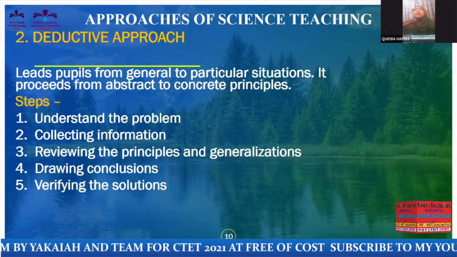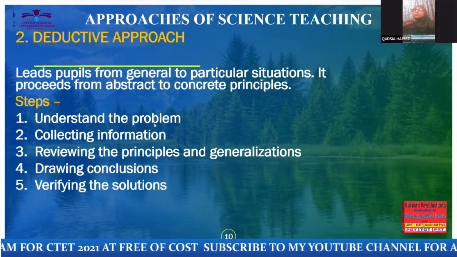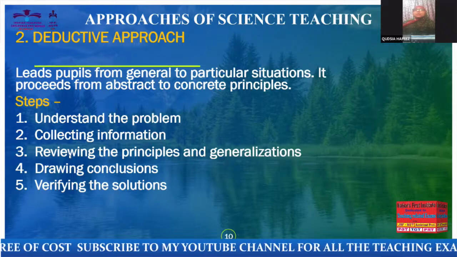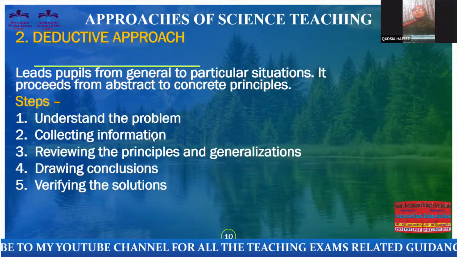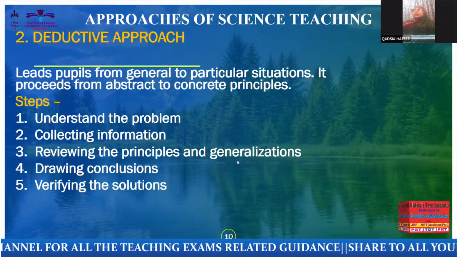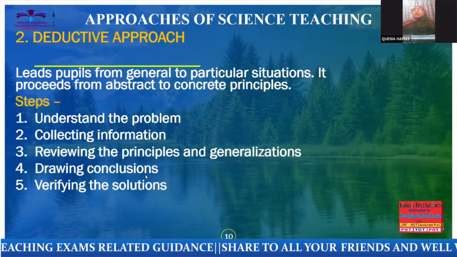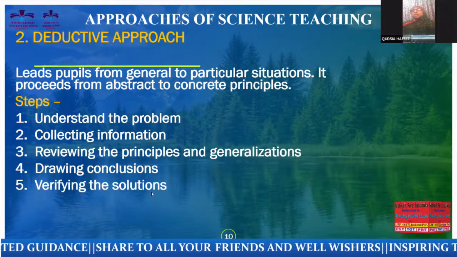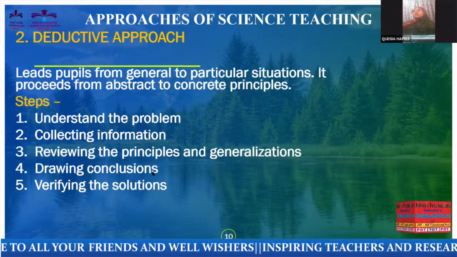The steps are: first, understand the problem, collecting information on the problem, reviewing the principles and generalizations, then drawing conclusions from it, and lastly verifying the solutions. These all become the steps of the deductive approach.